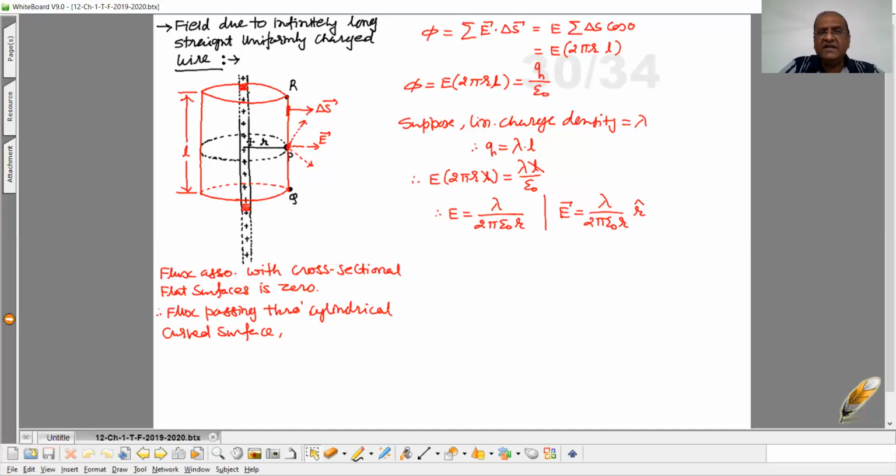If it is negatively charged, then radially but towards the wire.